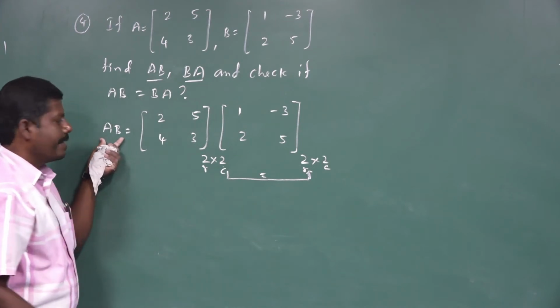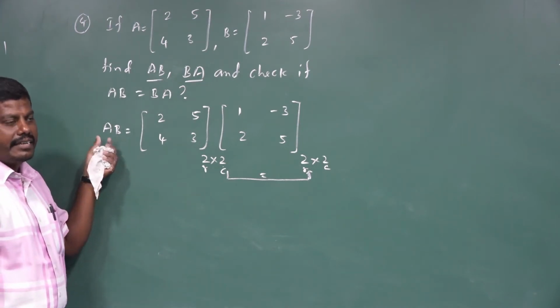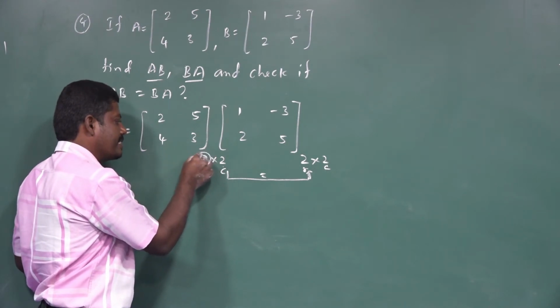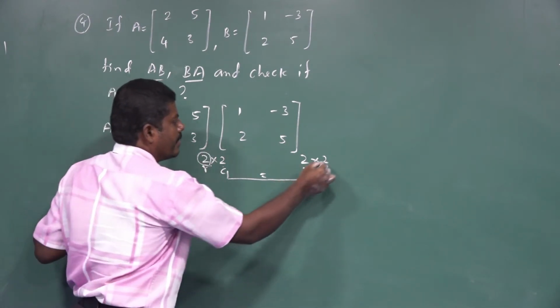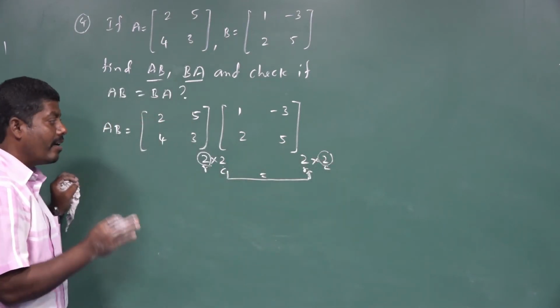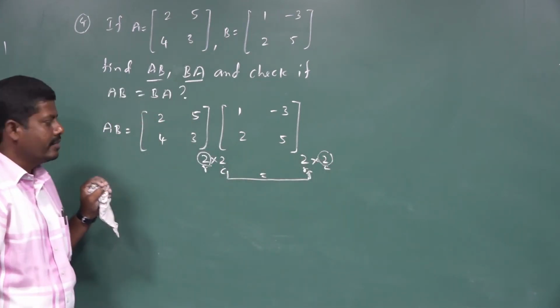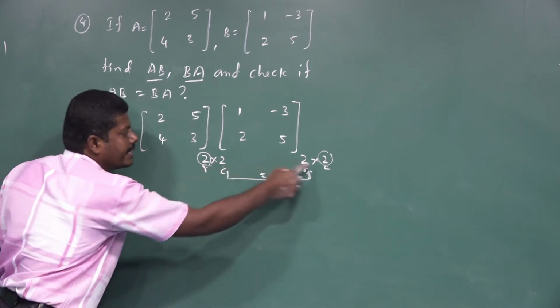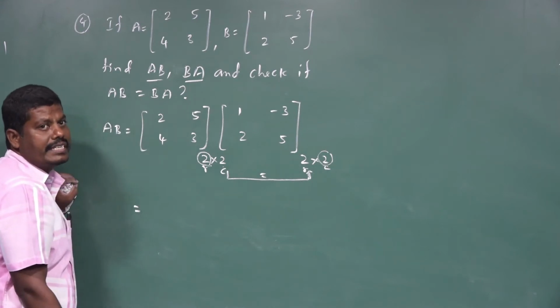Therefore, the product AB is possible. What is our result order? Number of rows in the first matrix and number of columns in the second matrix. So the order of our result matrix will be 2 rows and 2 columns.